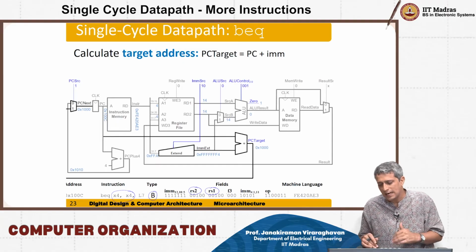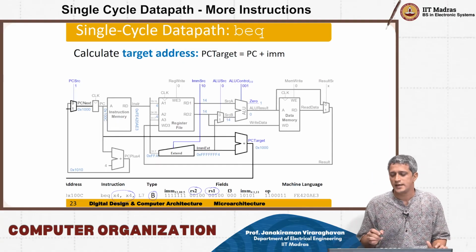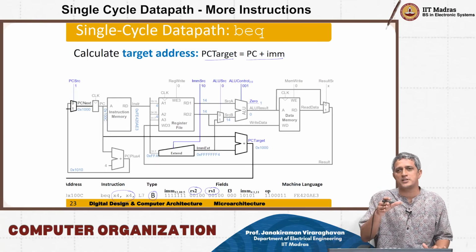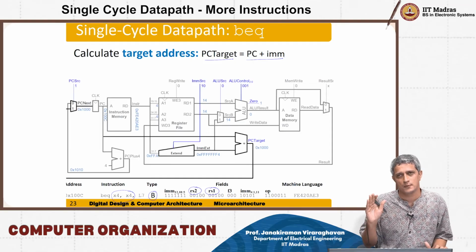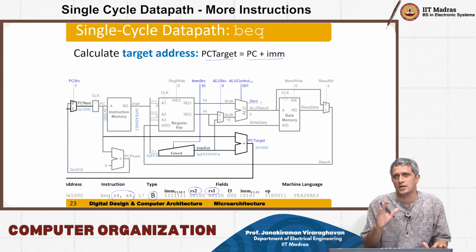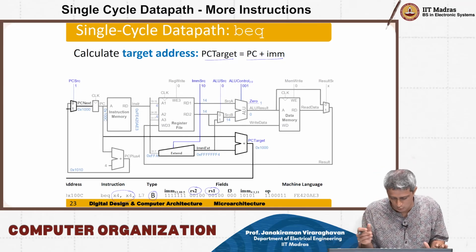And then you are going to implement a branch. What is the branching operation? It means that the PC target should be the current PC plus some immediate data. You can do a relative branch: from the current PC, you add some address and then go to that new location.